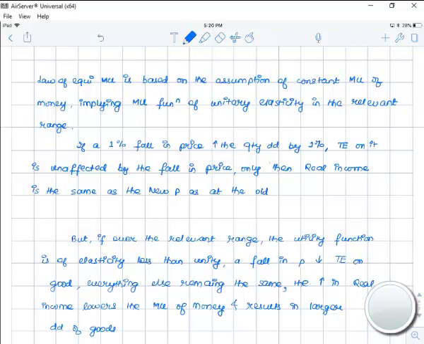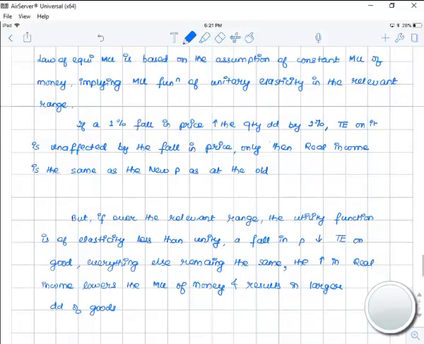So there is no change in the expenditure. And when there is no change in the expenditure, then only real income can remain the same. At the new prices, real income is also the same as it was at the original prices, when you have the unitary elastic MU curve or unitary elastic demand curves.